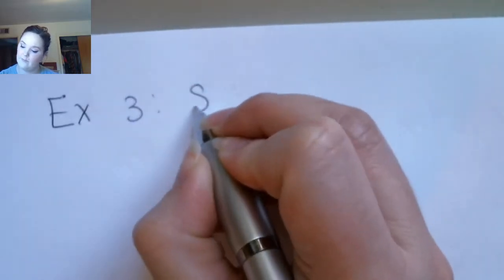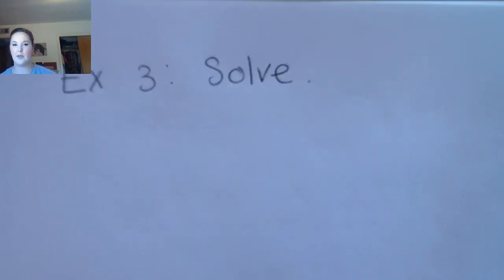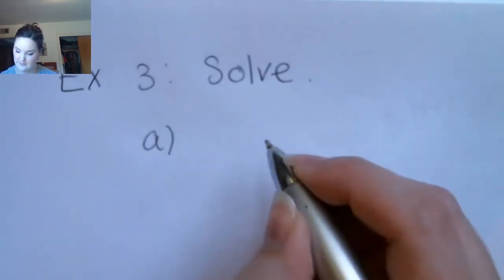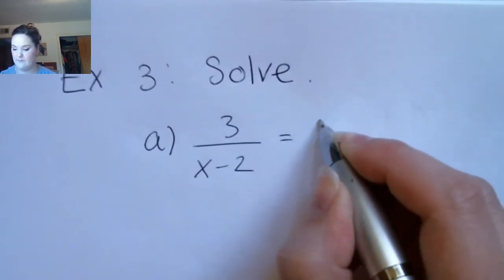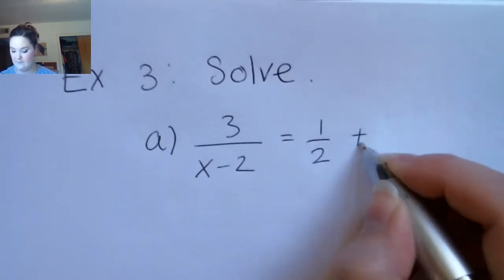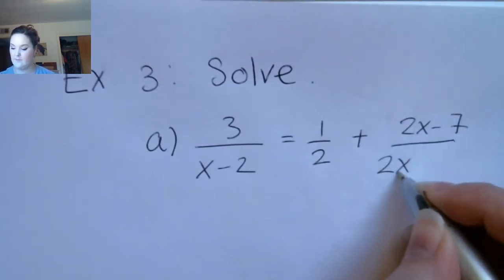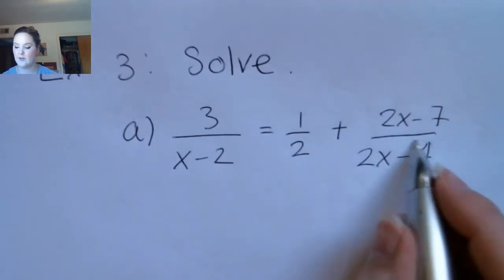Okay. Let's look at some examples where it's a little bit more complicated. And really the only thing that can get more complicated here is, what is the LCD? So the first thing I'm going to do is factor this denominator.